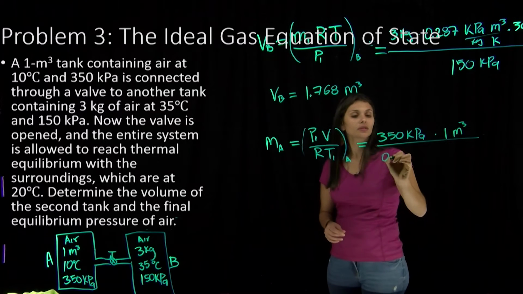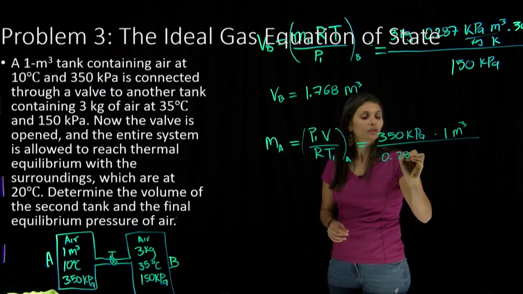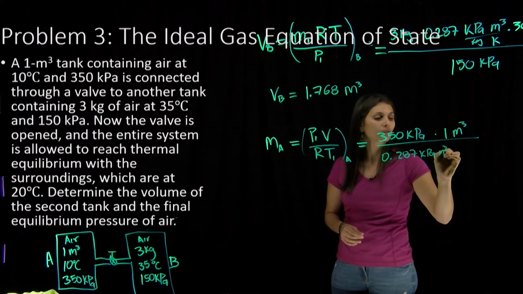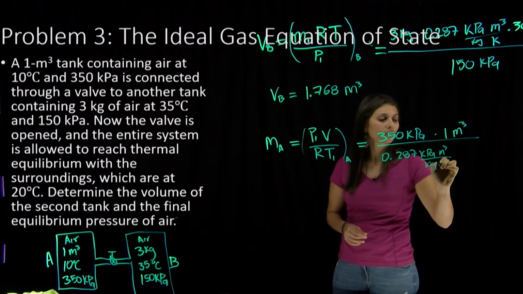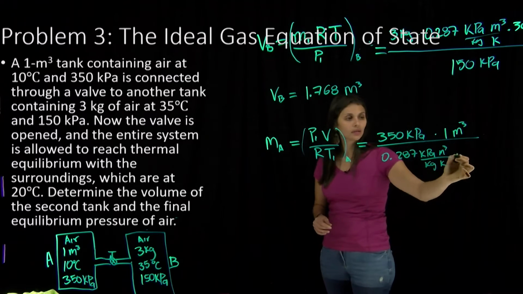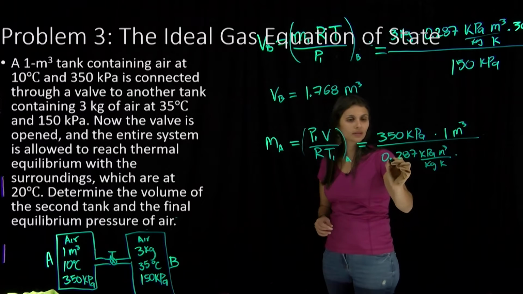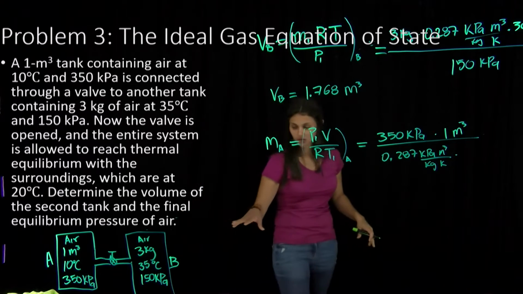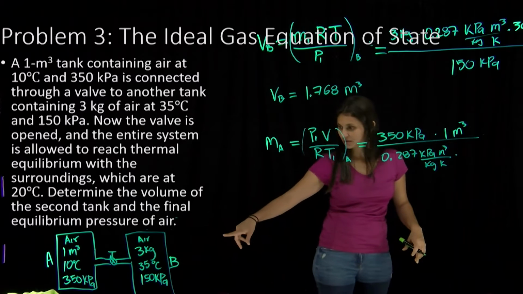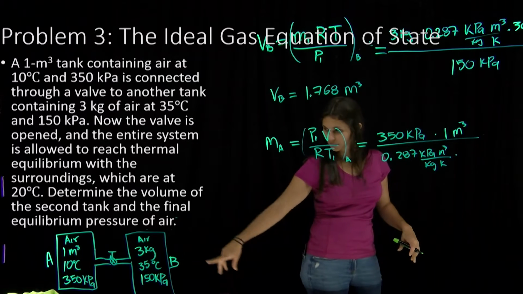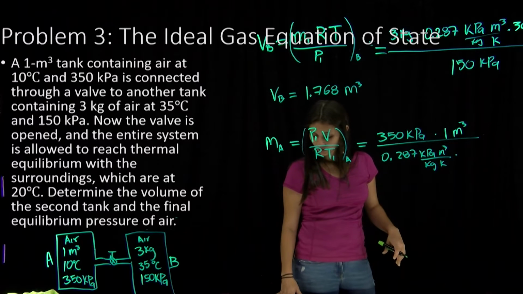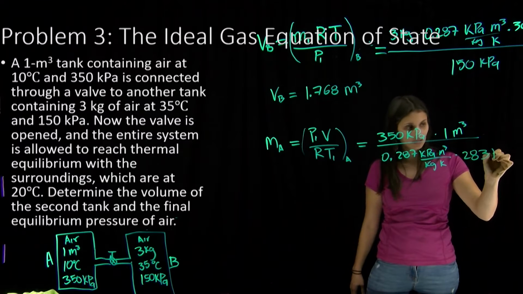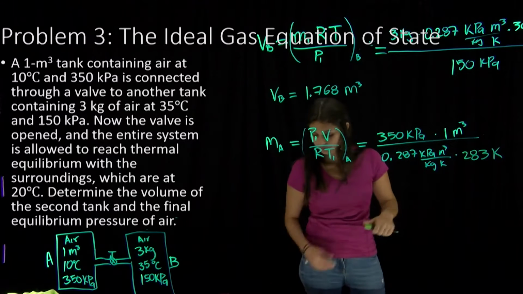The constant, and we multiply this by the initial temperature in the tank, which is 10 degrees, which in Kelvin will be 283 Kelvin, correct?